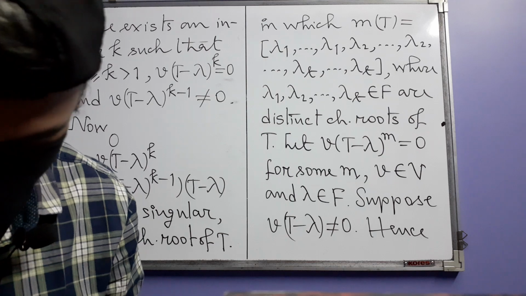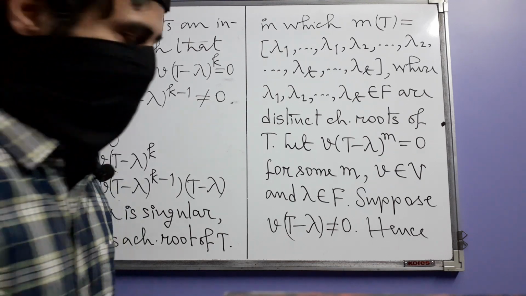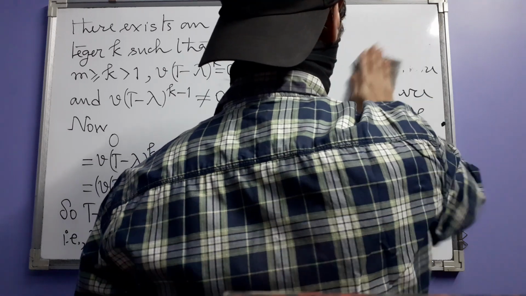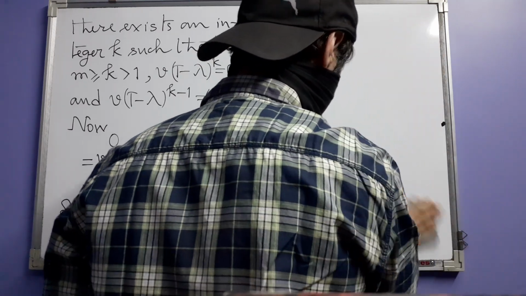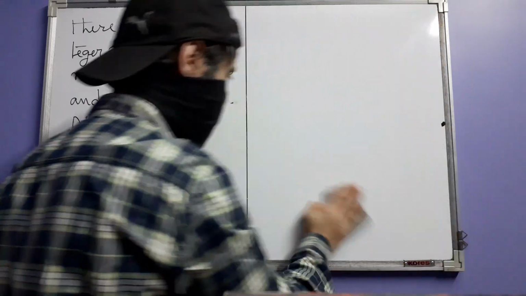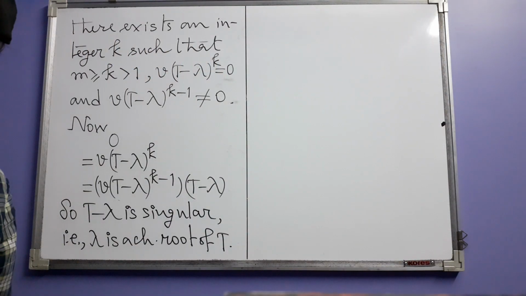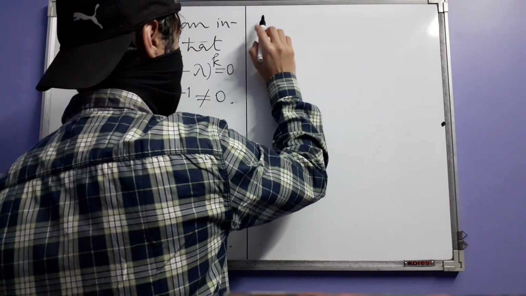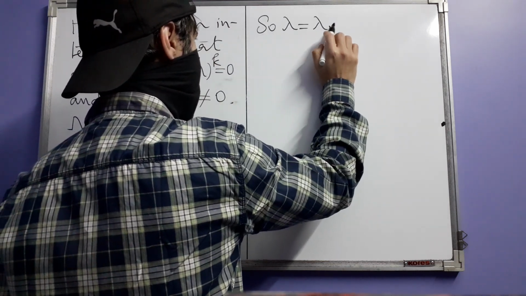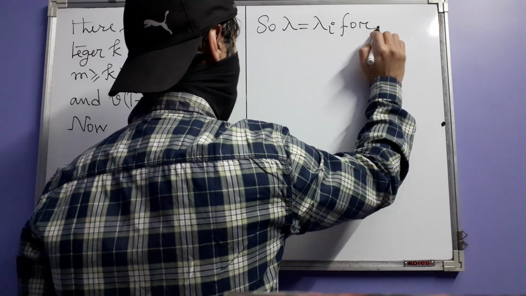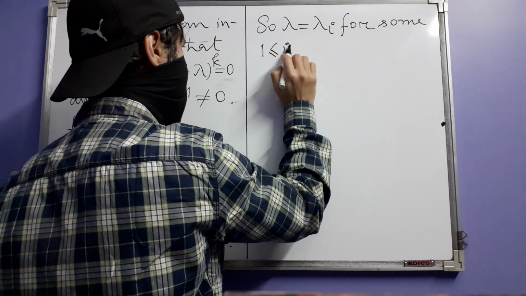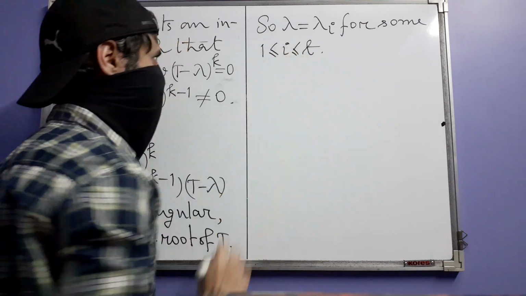Okay, so let's assume that lambda is some lambda I, for some I in this range.